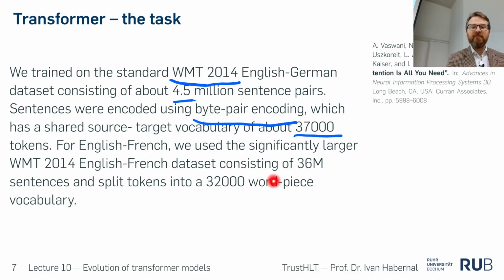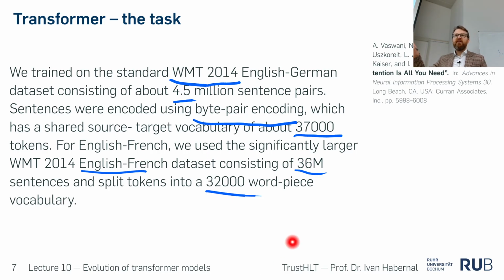For English-French it was bigger, a 36 million sentence data set and a 32,000 word piece vocabulary. So this is just putting things into context: what they were trying to solve originally was machine translation.